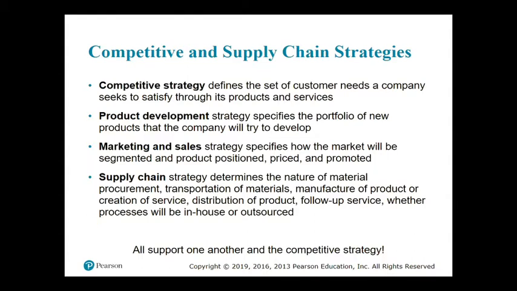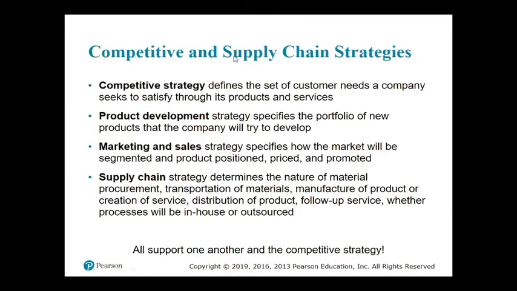Now, we're going to talk about the relationship between competitiveness and the supply chain strategies. So, a competitive strategy basically defines the set of customer needs a company seeks to satisfy through its products and services.